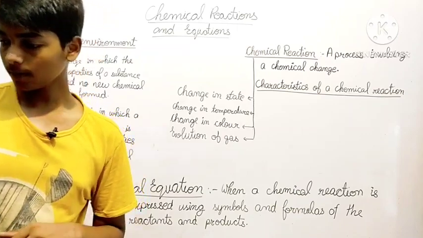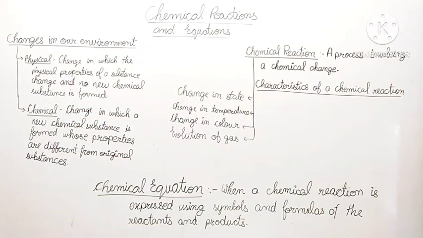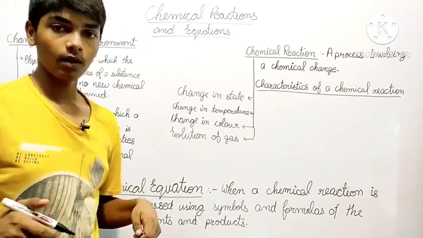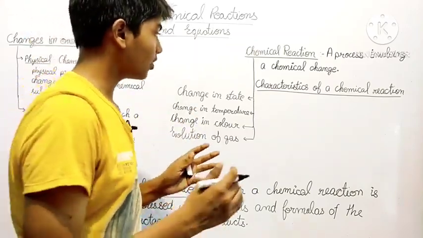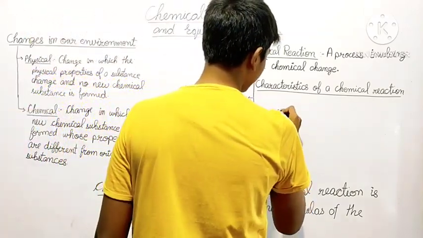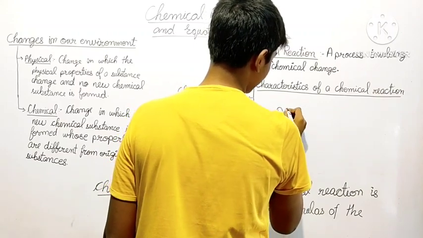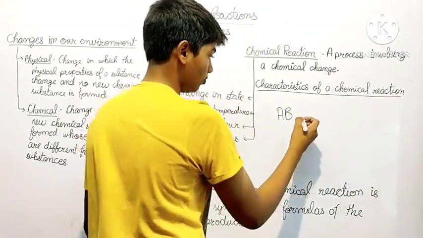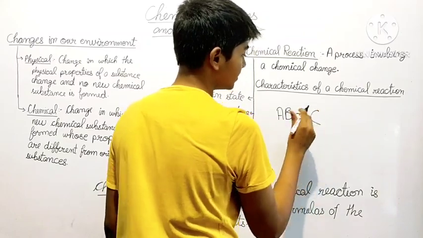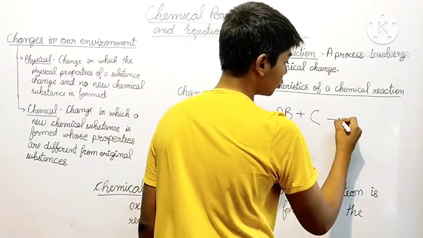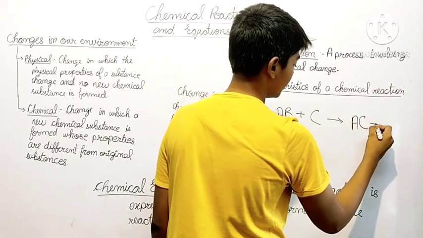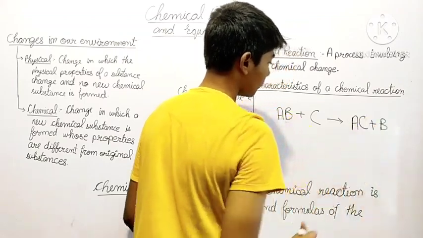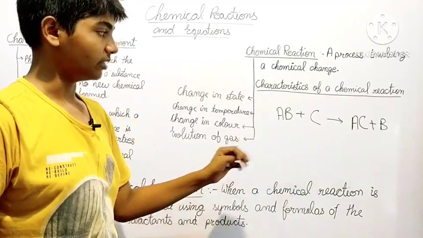If we had to write it in simple words, what I mean to say is when AB, which is the first compound, plus C, which is an element, react together, they form AC and B. This is a chemical reaction.